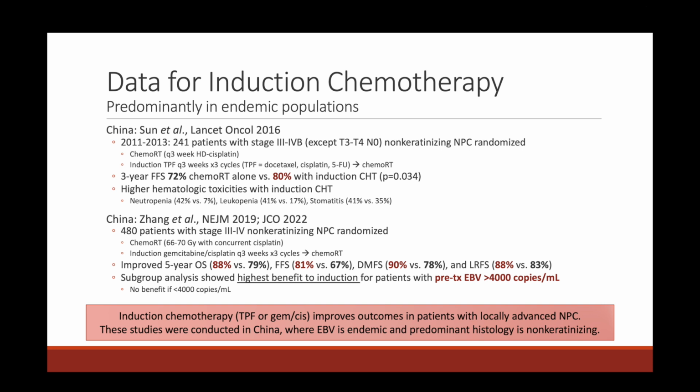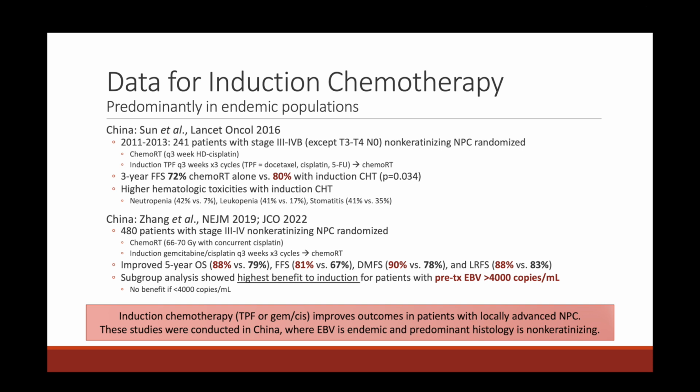higher pre-treatment EBV titers. So the big takeaway here is that induction chemotherapy also improves outcomes in patients that have locally advanced nasopharyngeal cancer. And these studies were conducted in China, where EBV is endemic.